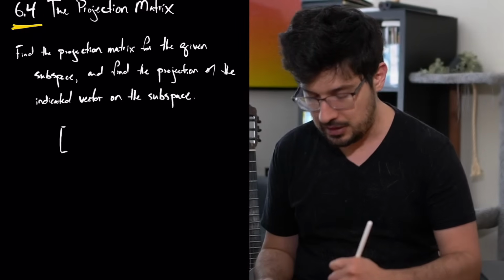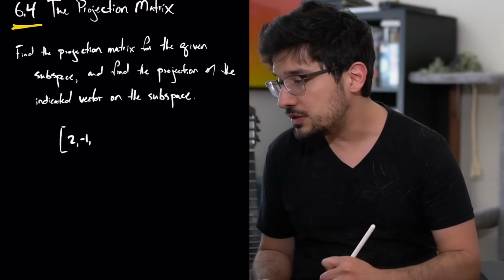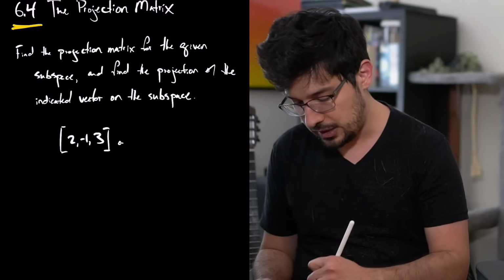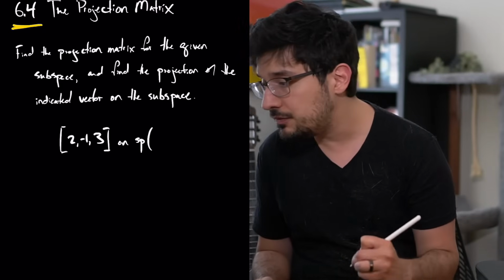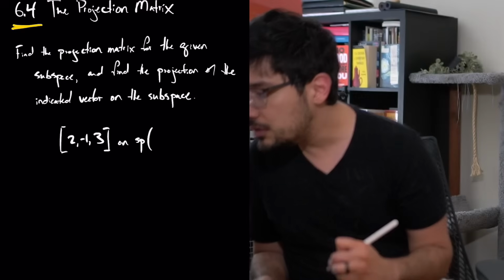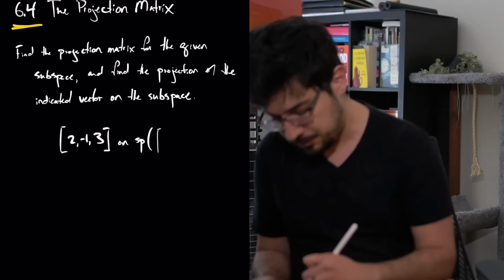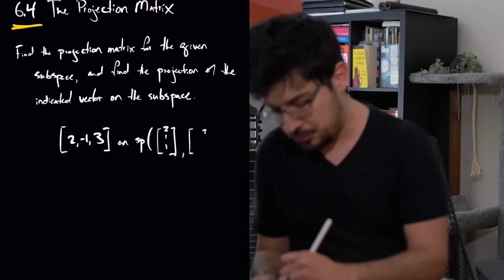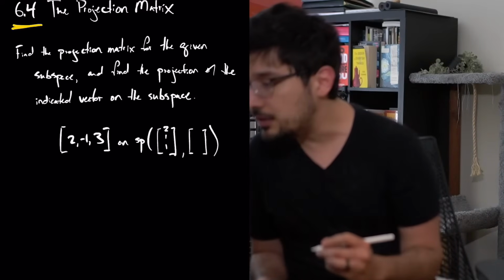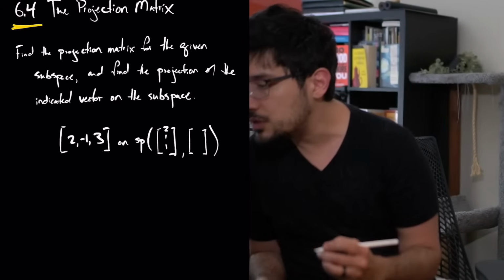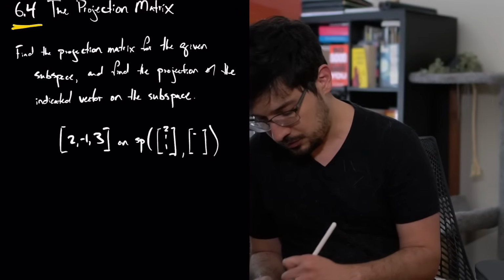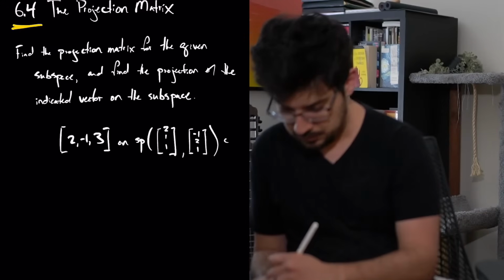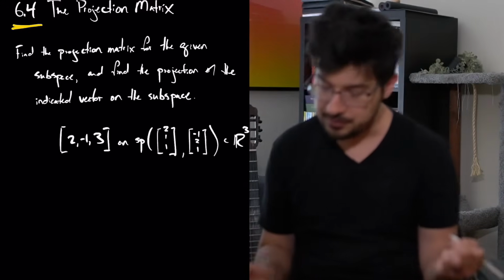So we're interested in the projection of 2, -1, 3 on the span of two vectors, 2, 1, 1, and -1, 2, 1, which is clearly a subset of R3.